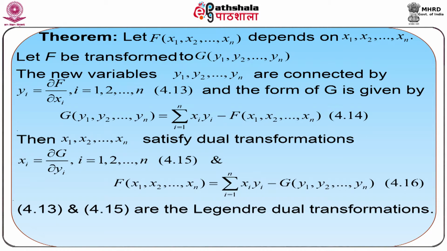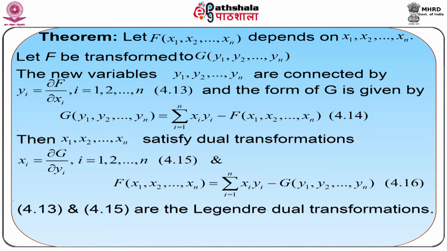Now we shall discuss an important theorem. Let a function capital F, a function of x1, x2 up to xn, have an explicit dependence on the n independent variables x1, x2 up to xn.